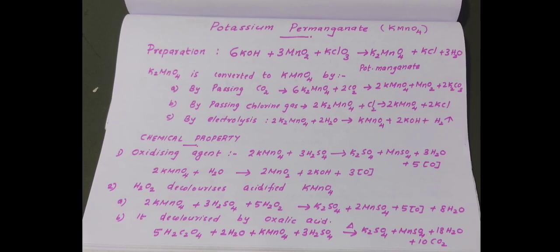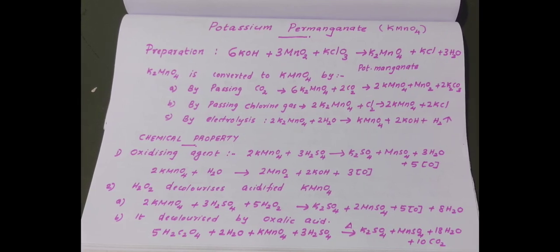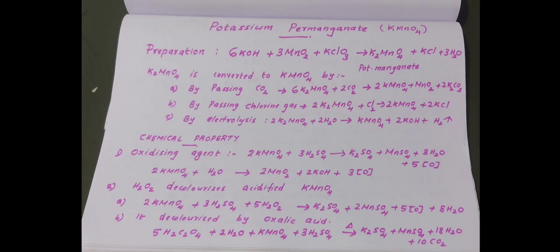2KMnO4 plus 3H2SO4 gives K2SO4 plus 2MnSO4 plus 3H2O plus 5O. Then, when potassium permanganate reacts in the presence of alkaline or neutral solution, it will liberate 3 molecules of nascent oxygen: 2MnO2 plus 2KOH plus 3O.